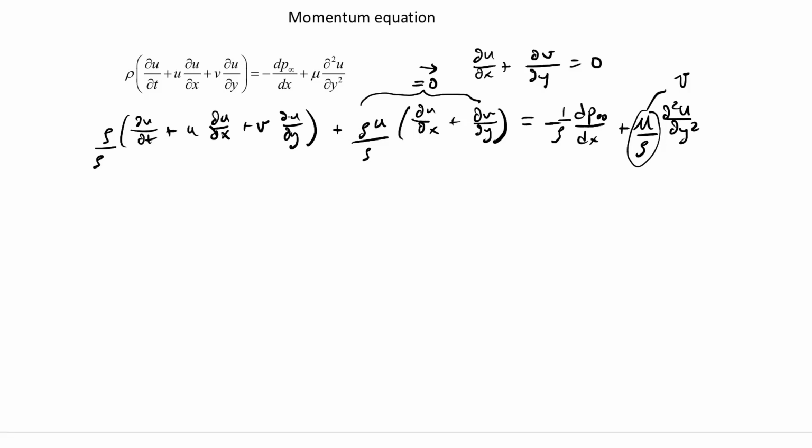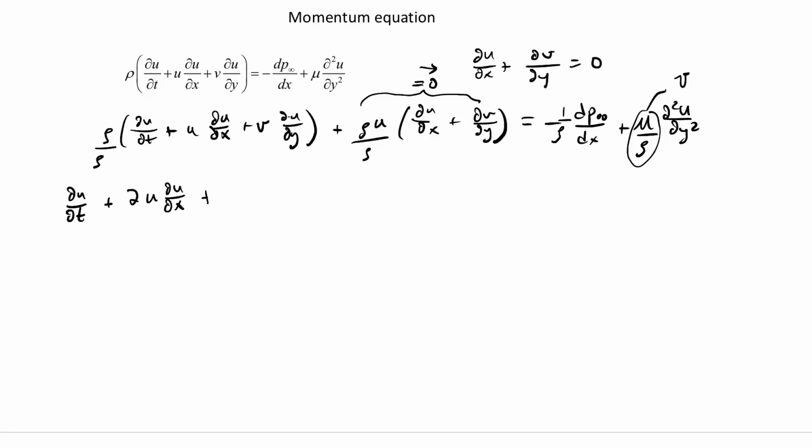Let's rewrite this. On the left-hand side, we have du dt plus, bringing together the two u du dx's, 2 u du dx.